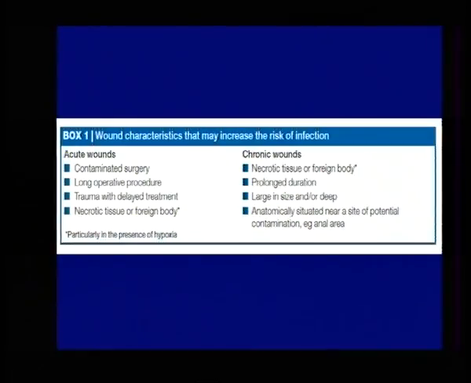This may be in acute wounds. Predisposing factors may be a contaminated surgery, a long operative procedure, trauma with delayed treatment, or necrotic tissue with foreign body and hypoxia. And for chronic wounds, any wound of prolonged duration, a large wound situated anatomically near a site of potential contamination may all be predisposing a patient to developing an infection in that wound.